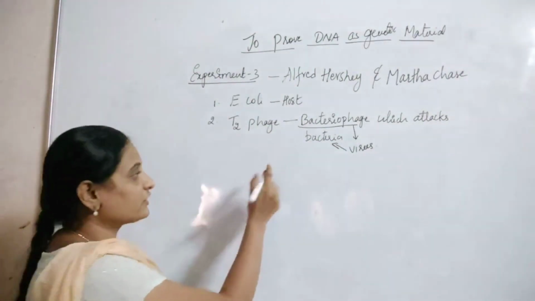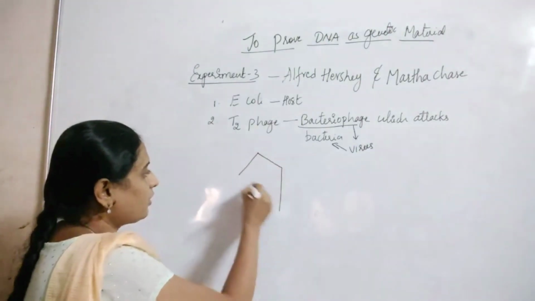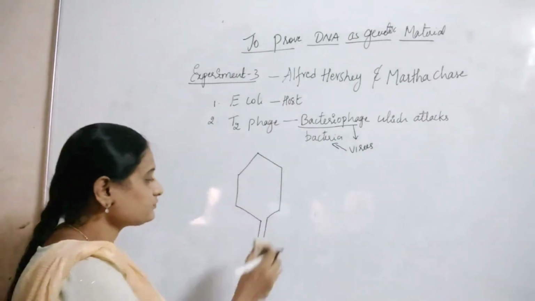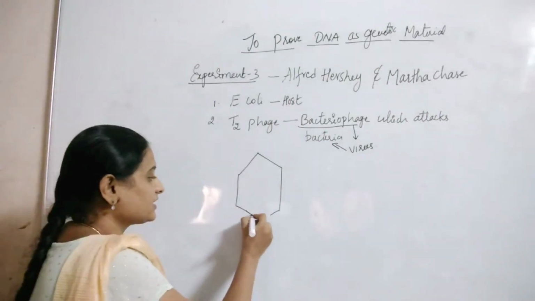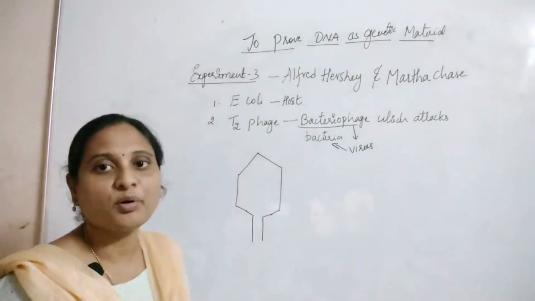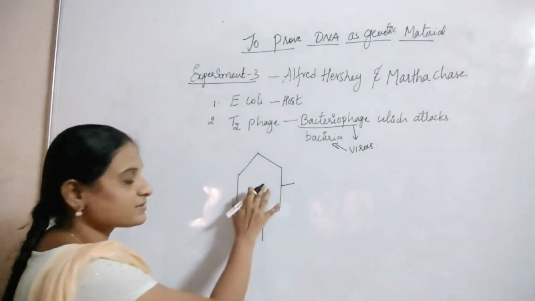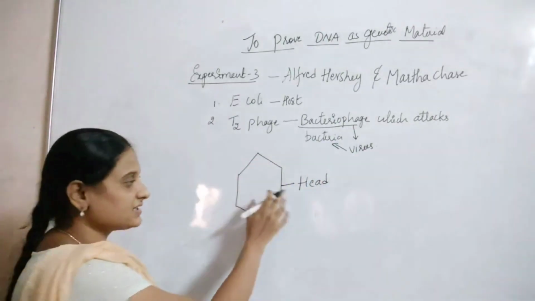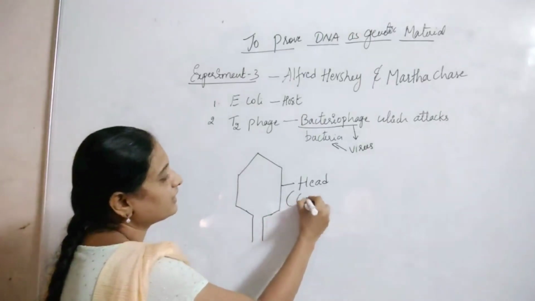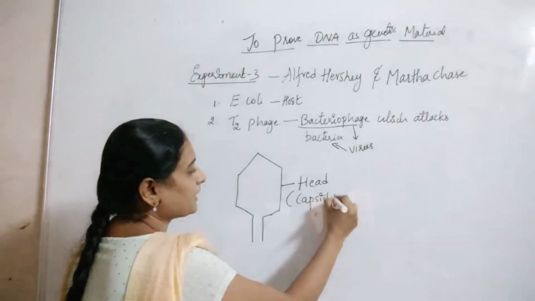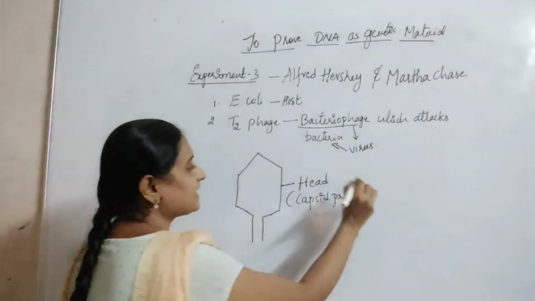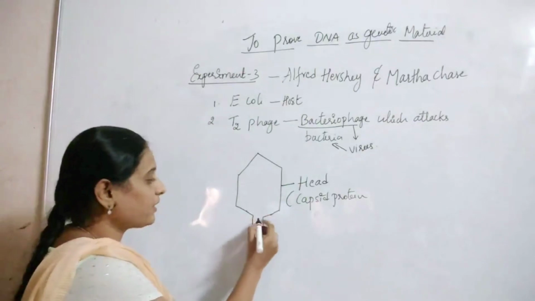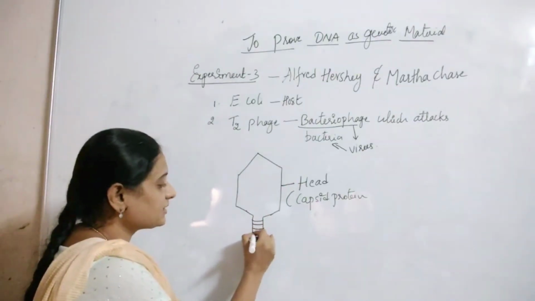If you see the structure of T2 phage, it is always polygonal in shape. This part which we are calling the head is made up of capsid protein. Extending from the head part there is a middle piece.